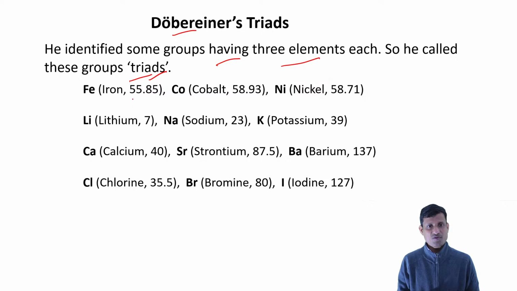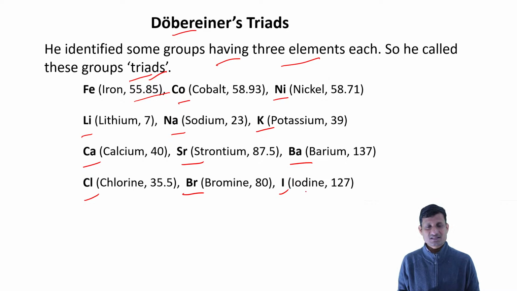The first triad is iron, cobalt, nickel. The second triad is lithium, sodium, and potassium. The third triad consists of calcium, strontium, and barium. And the fourth comprises chlorine, bromine, and iodine.